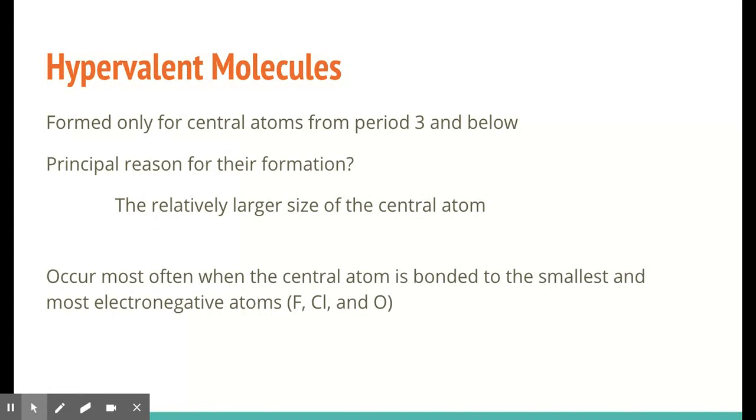So when you see a central atom from period 3 or below bonded with fluorine, chlorine, or oxygen, you may need to think of a hypervalent molecule. Those are all the exceptions to the octet rule.